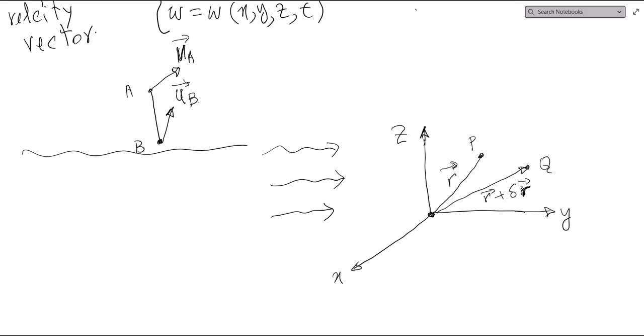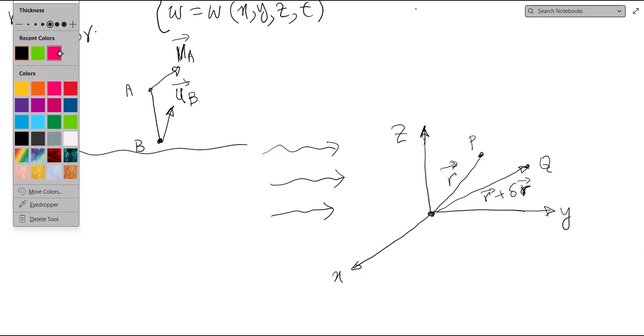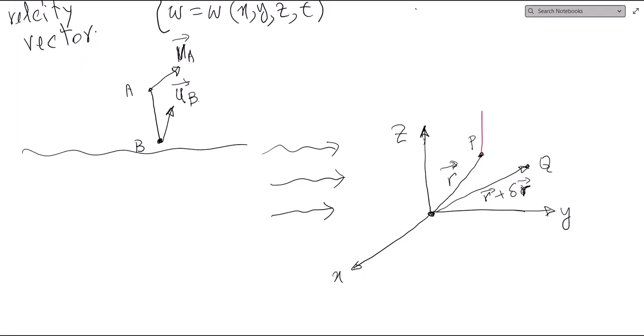Now each point can have a velocity, let's call it u vector p, and u vector q.